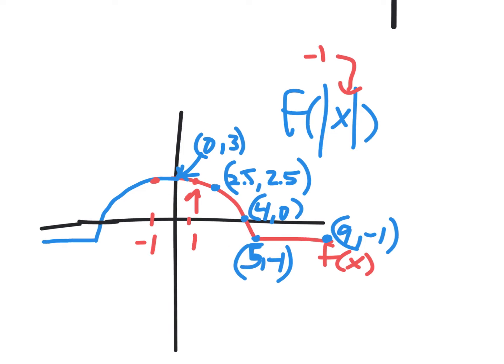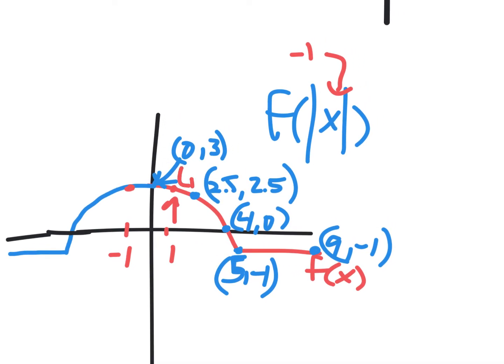I'm going to say that that point right there was at (1, 2.8). It was really close to 3. So (1, 2.8) turns into (-1, 2.8). Why would you have that? Because when I put in a -1, it acted like I put in +1, and it gave the same output of 2.8. I'll give you a maybe even easier answer.